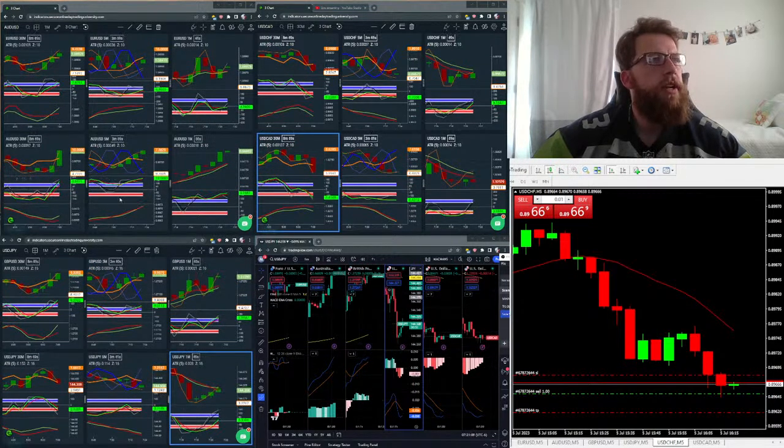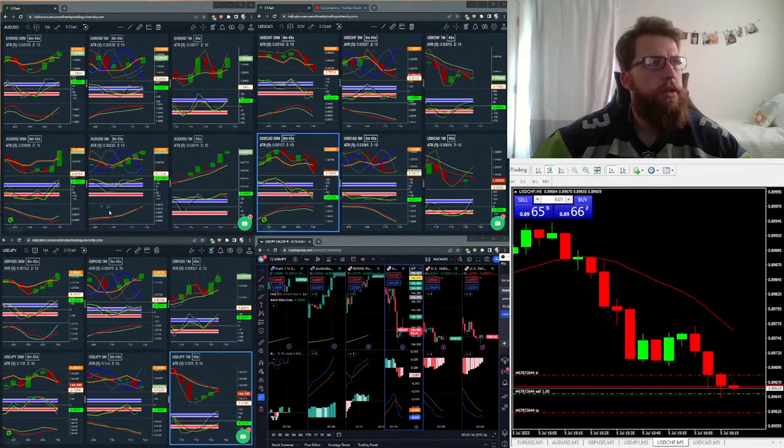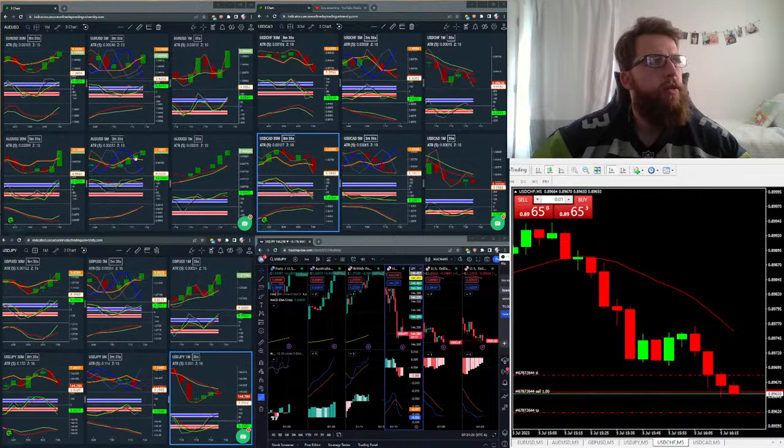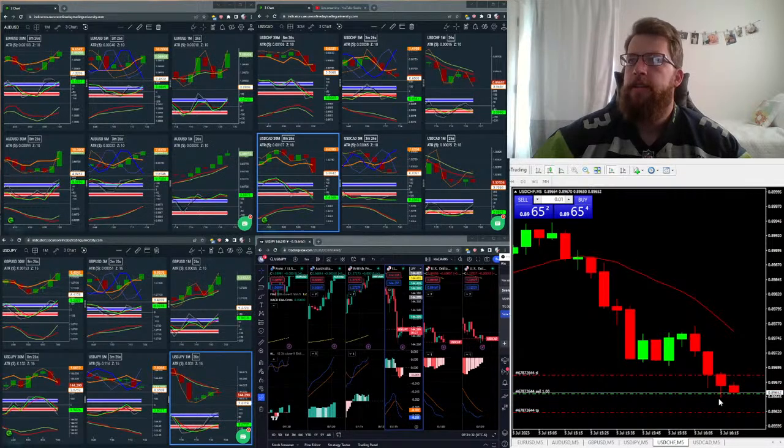Aussie's looking very bullish. TMTs aren't quite exactly how we want them to be. Looks like our Chief trade is right about at our entry at the moment.